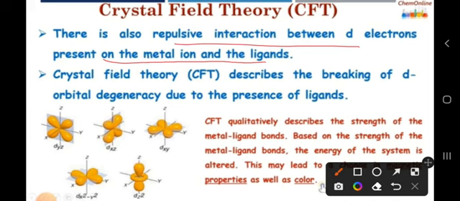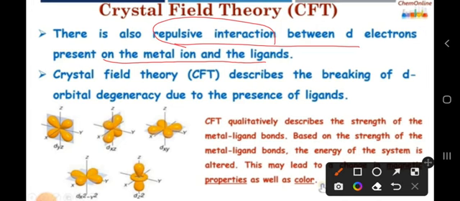D orbitals are divided into 5 orbitals which have the same energy. But there will be some repulsive interaction between the d electrons. When you bring the neutral molecule, a small amount of negative charge is going to attract the positive charge, meaning there will be some repulsion between them.